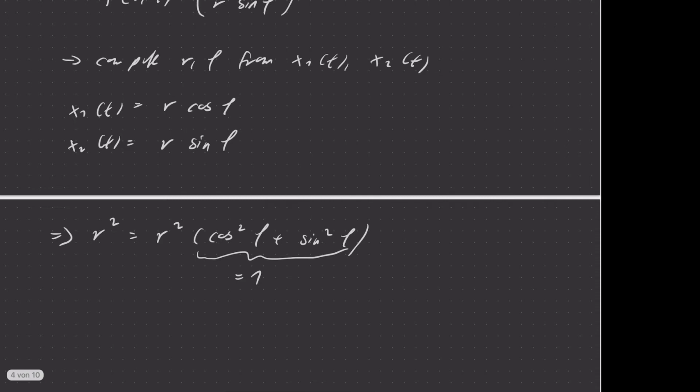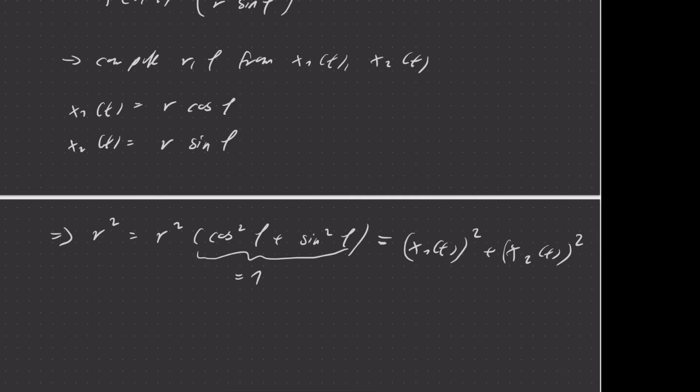And now that's the same thing as adding the square of this side and the square of this side. So that's the same thing as x1 of t squared plus x2 of t squared. Right? So the radius can easily be computed.